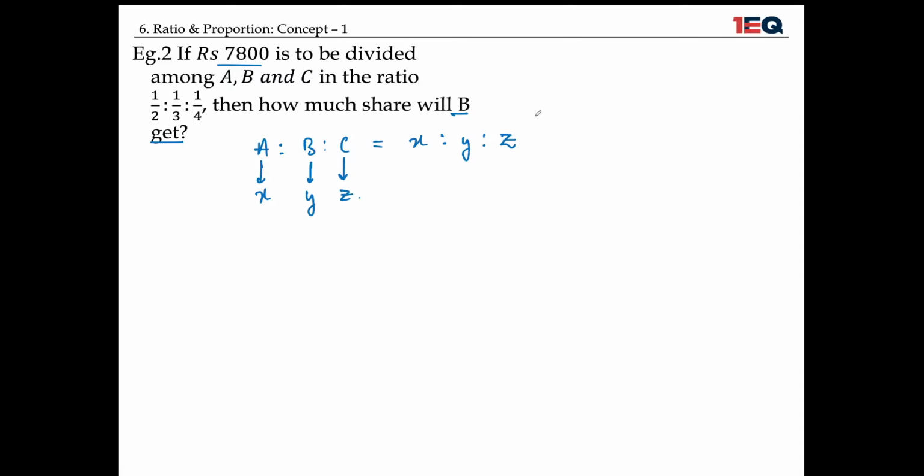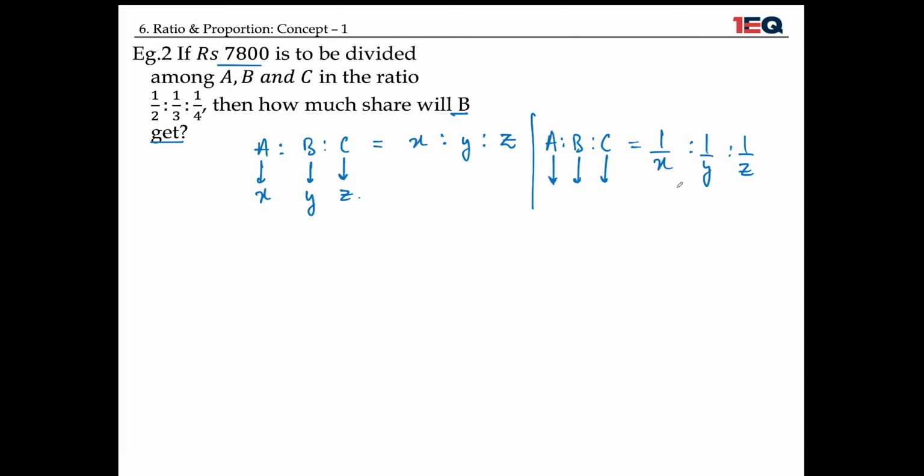Okay, but if in any case it is written that a is to b is to c is equal to 1 upon x is to 1 upon y is to 1 upon z, at that moment we cannot assume that the value of a or b or c is directly x, y, and z.